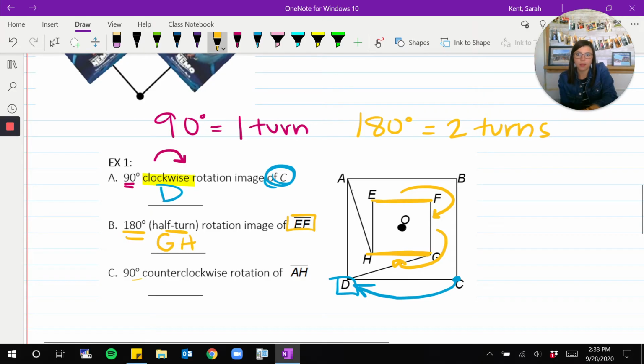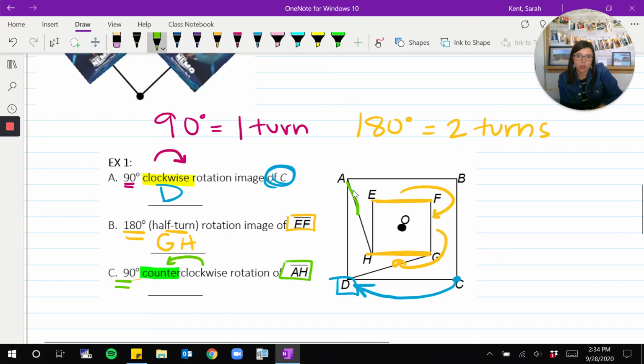And then the last one is another 90 degrees, but this time it's counterclockwise. So if clockwise is to the right, counterclockwise is going to be to the left. And here we're looking at AH.